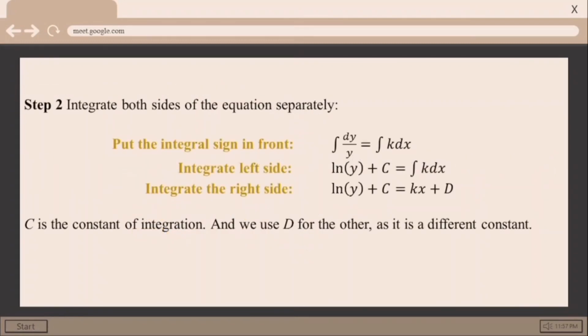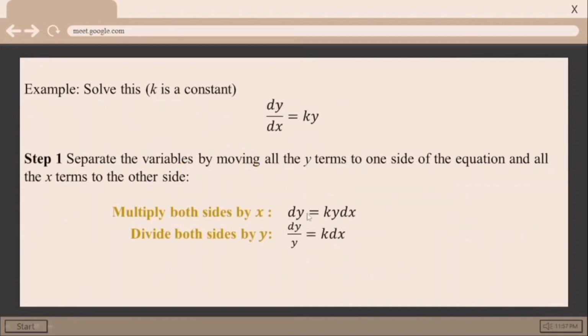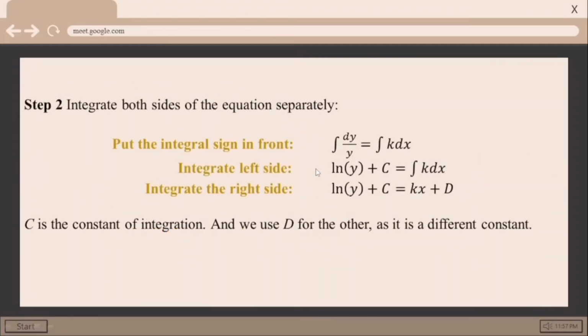The second step states that we integrate both sides of the equation separately. So from this equation, dy over y equals k dx, we simply put the integration sign on both sides. Here, put the integral sign in front.